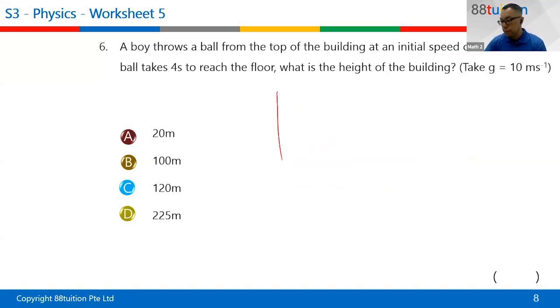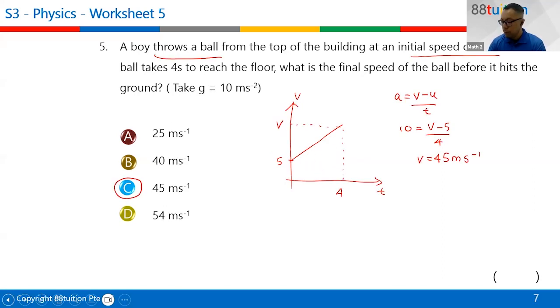Same graph. Area under the graph. Half times 4. Wait, hold on. Let me see the question.